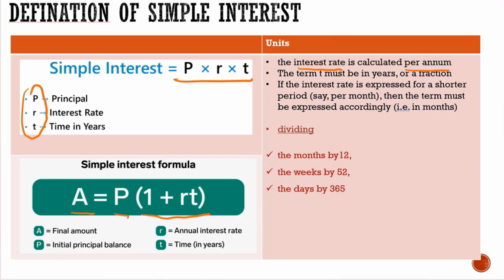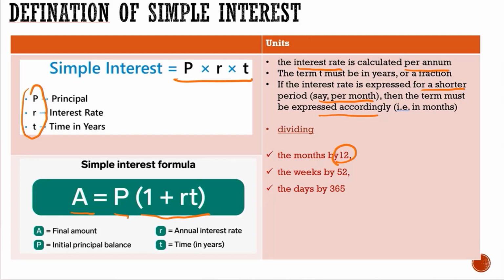But if the interest rate is expressed for a shorter period, for example in months, then the term must be expressed accordingly by dividing. If the question tells you that the interest is paid monthly, you need to convert that and divide by 12.